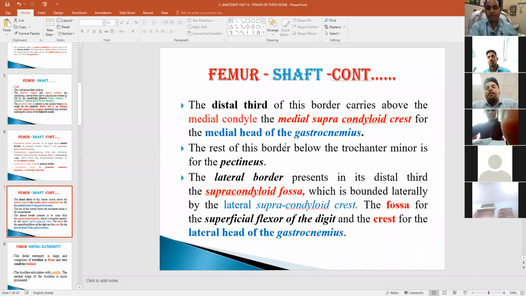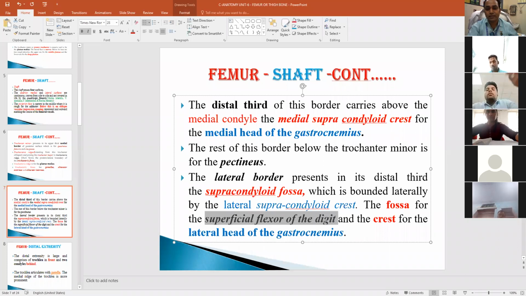Between the medial and lateral supracondylar crests there is a fossa, known as the supracondylar fossa, which is for the origins of the superficial flexor digital muscles, located between the lateral and medial supracondylar crests. So I think this is clear.